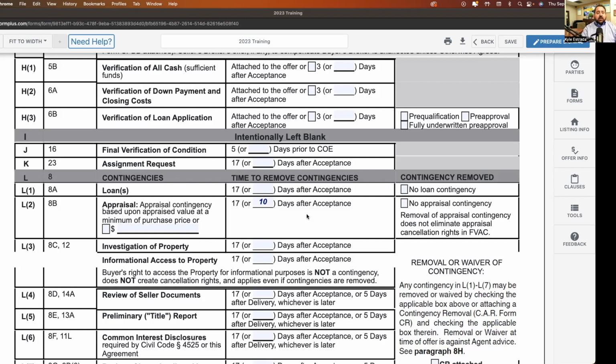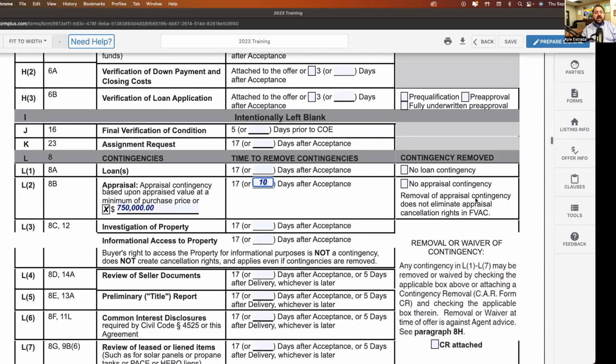But one of the things that you guys have to understand is that if I don't have an appraisal contingency, or if I've changed this price here to something other than the offer price, and I think we wrote 800,000 for this property, I think, I can't remember, 750,000, let's say, right?